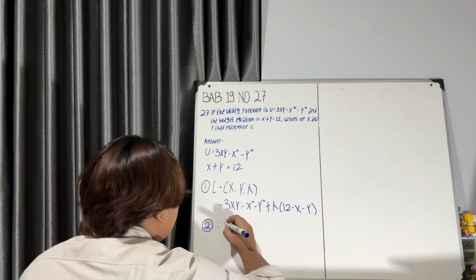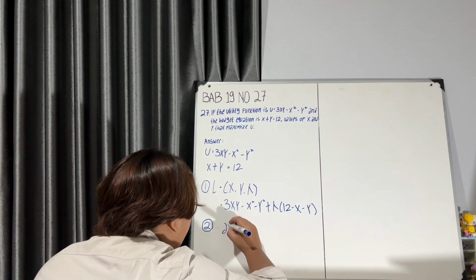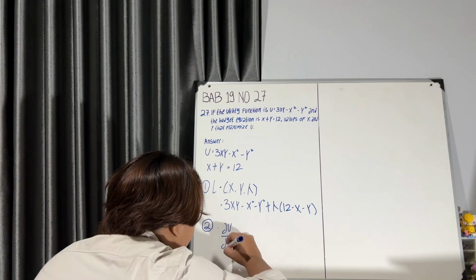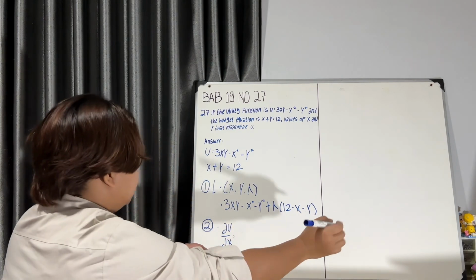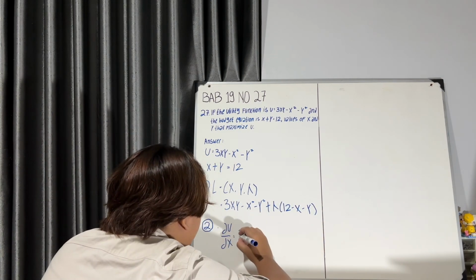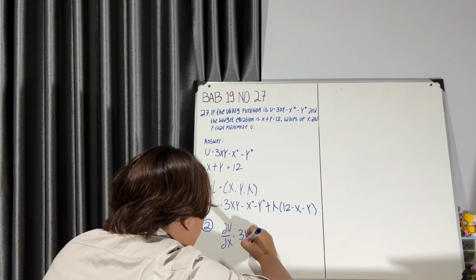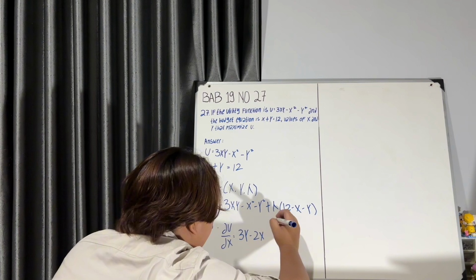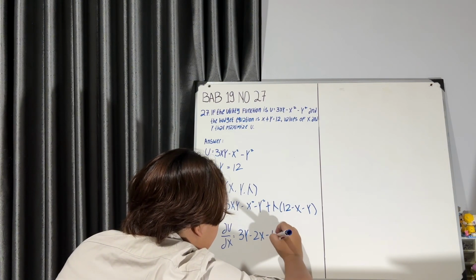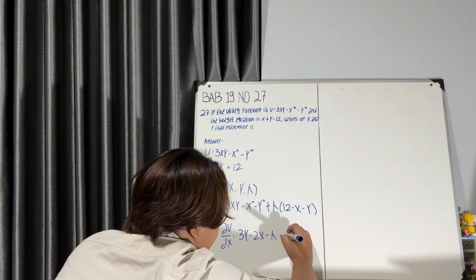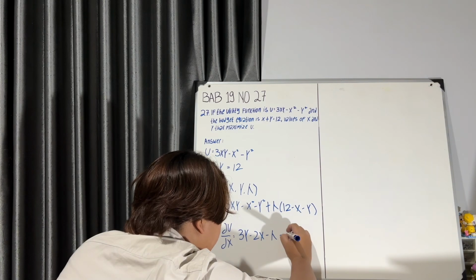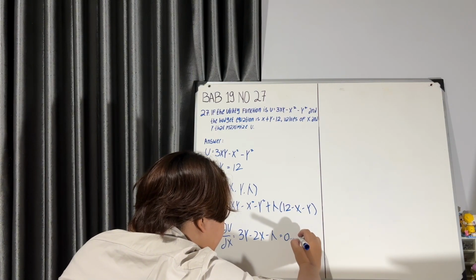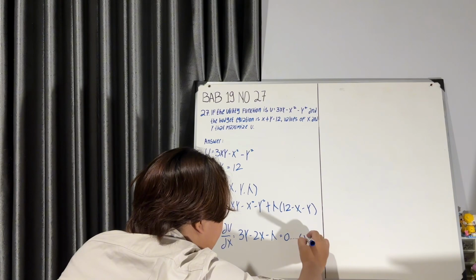Next, we take the partial derivative with respect to x, y, and lambda. First, partial u over partial x equals 3y minus 2x minus lambda is 0. This is equation 1.